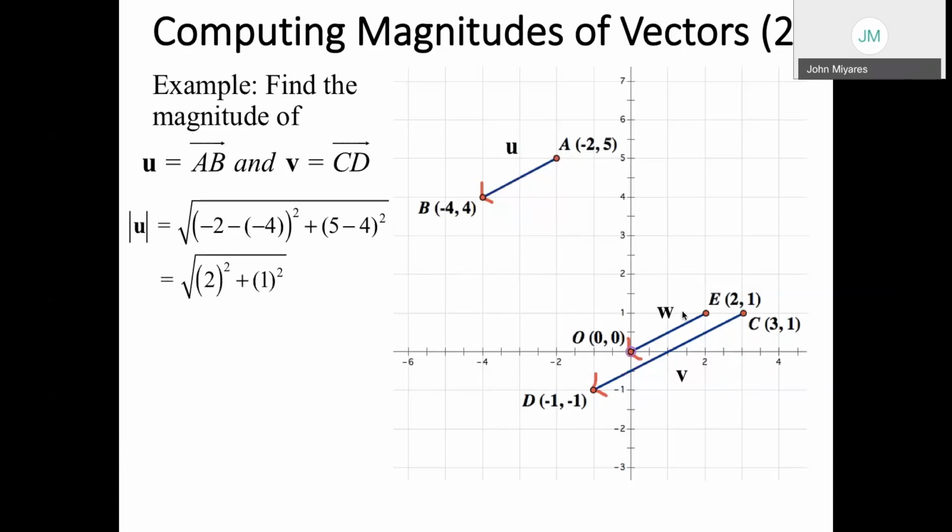Simplifying, we see this -2 minus -4 comes out to +2, and 5 minus 4 equals 1. So squaring the 2 and the 1 will get you 4 plus 1 under the radical sign, which equals 5. So the magnitude of vector u will be the square root of 5.